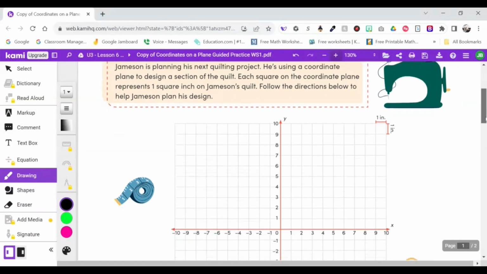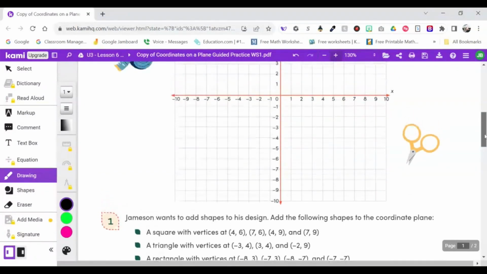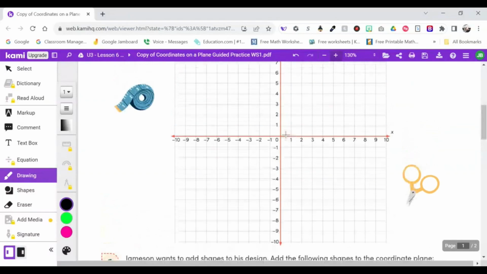So down here at the bottom, it says Jameson wants to add shapes to his design. Add the following shapes to the coordinate plane. So they want a square where the vertices are at 4, 6. So that's the first point we've got to plot. We go over 4 in the x direction, 6 in the y direction, and that's our first point.